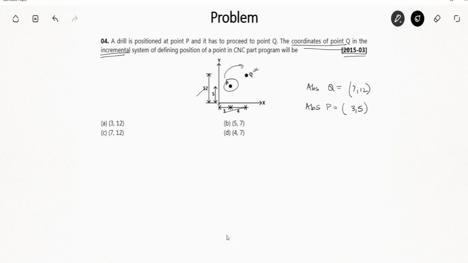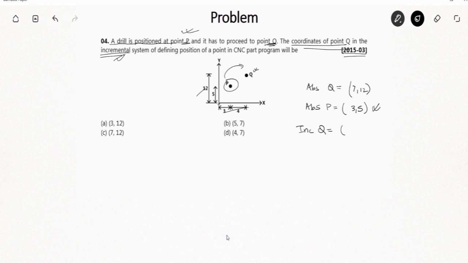Now the question is asking for point Q in the incremental system. Since it is incremental, they have defined the new reference point as point P, because the drill is positioned at point P and has to proceed to point Q. So when we talk about the incremental Q coordinate, P becomes the origin.